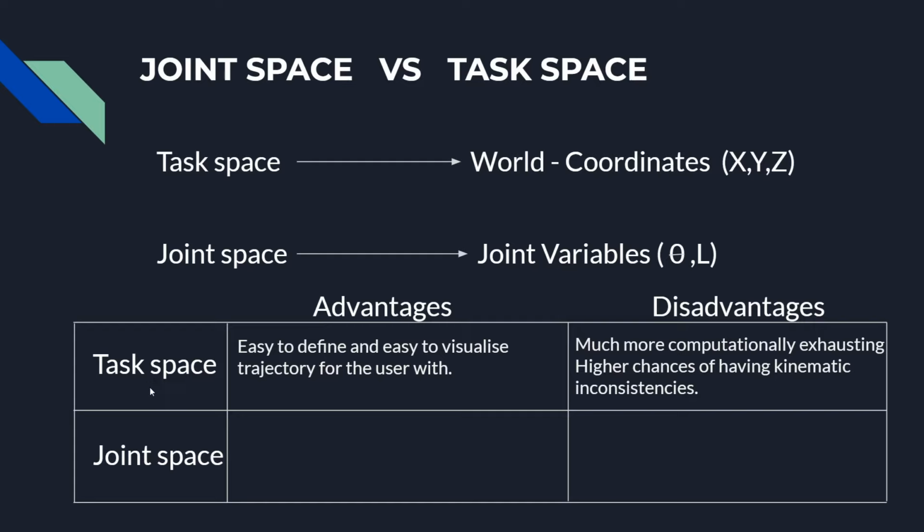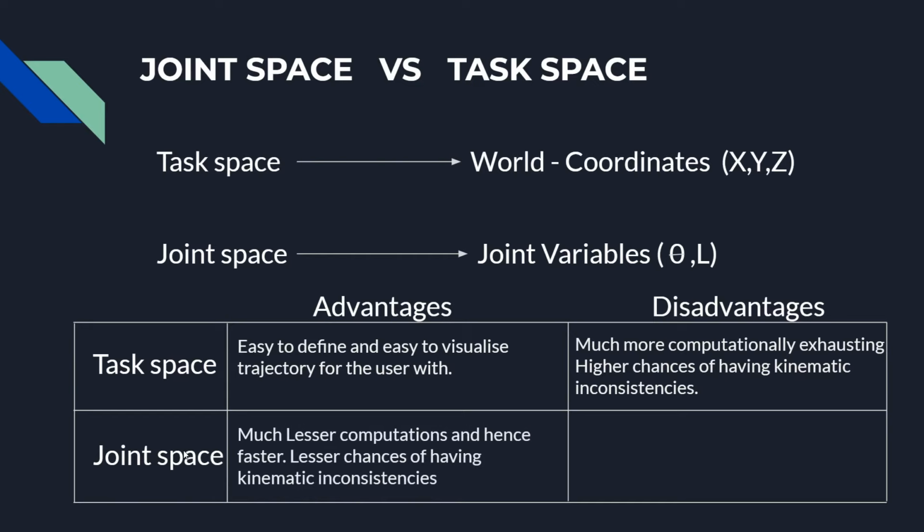Joint space, on the other hand, is much faster to compute. Our robot can determine all of this in real time because the joint space is what the robot is actually going to be implementing. It does not have to do inverse kinematics once your joint space has been defined.